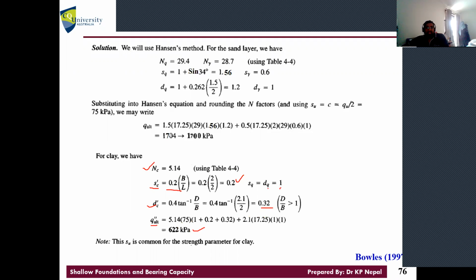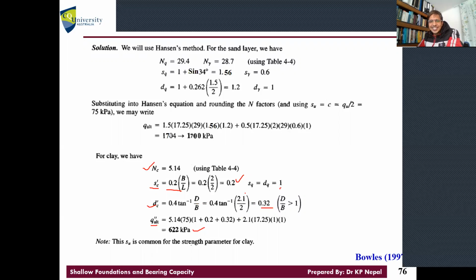We need to take a D total, right? 1.5 plus 0.6. Yes, because we are going into the clay layer down. We need to take the total. Correct, you are right. That's good. Because we are looking at which layer we are in, you need to take all the depth until that layer. So that's why this D value is 2.1, not 1.5 or 1.8.